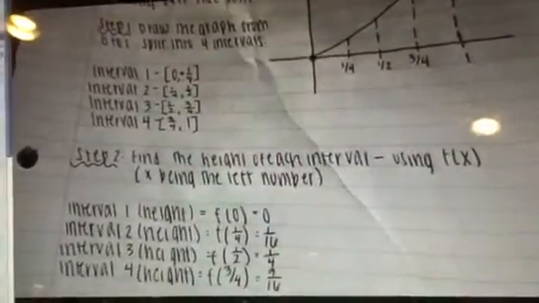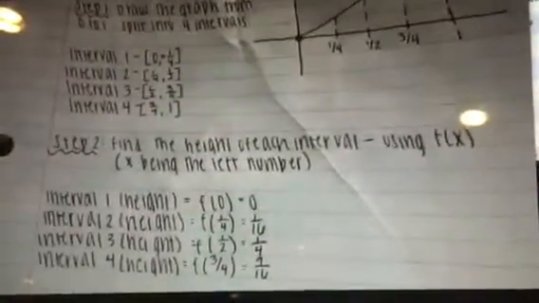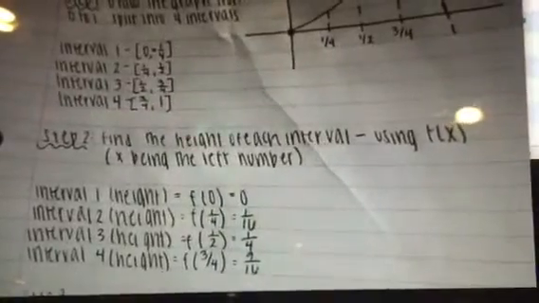For instance, from 1/4 to 1/2, you take the midpoint of that and use it as your x in f of x. You use the midpoints for all of the subintervals for the midpoint sum. Going down to step 3, you just multiply again, 1/4 times your heights, and then add it up at the end.